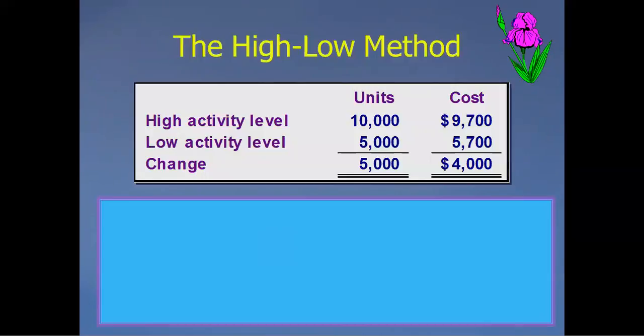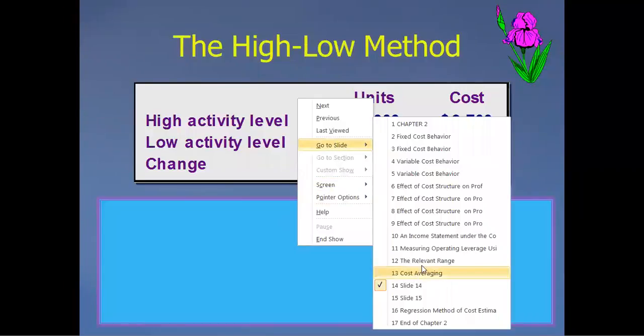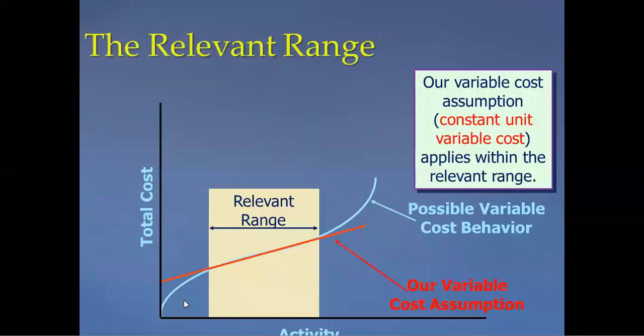Sorry, I keep going back and forth between these two slides. So for every level of activity that we had in the past, we can plot points, the activity and the related costs. And then we could draw a line through all of those points.